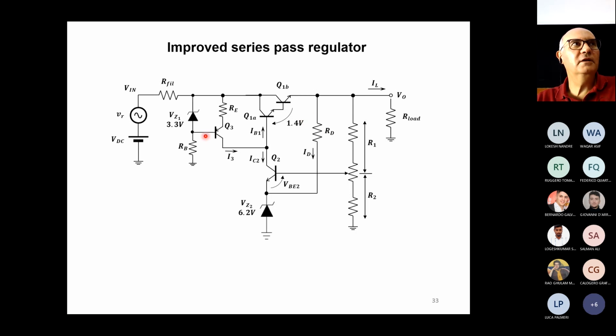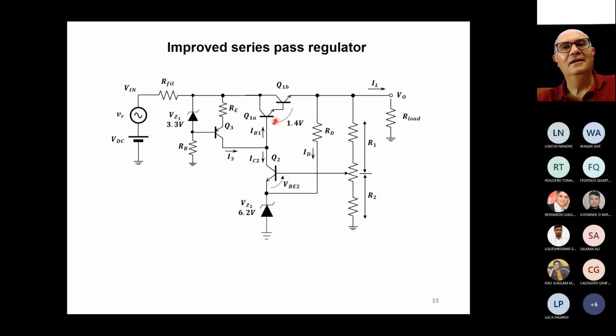The system is also thermally compensated because we compensated the variation of VB2, of Q2, using a 6.2 volts Zener diode, and we compensated the variation of transistor Q3 using this 3.3 Zener diode here. We don't care about the voltage variation of the Darlington transistor.